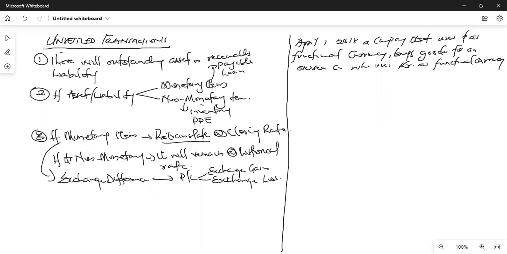So you see the functional currency here is very, very important. And we say that the price of the goods were, say, at 54,000 chromate. So just as we did.